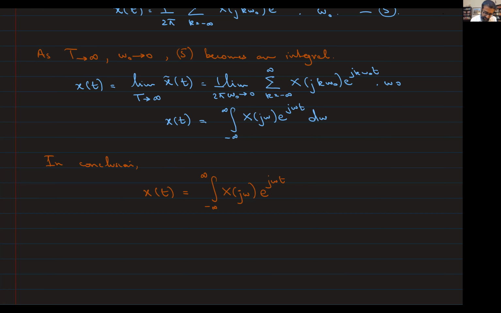I am sorry, I missed a 1 upon 2 pi here. And this is 1 upon 2 pi d omega, where X of j omega was what? X of j omega was equal to the integral from minus infinity to plus infinity of x of t times e raised to power minus j omega t dt.